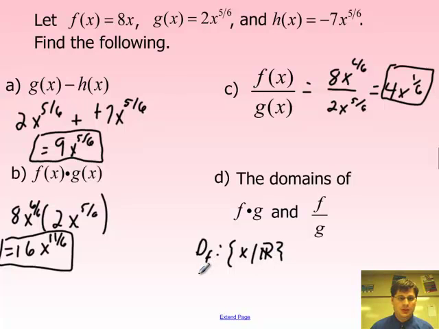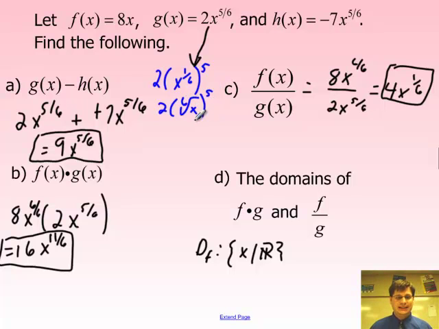But g of x is going to be a little bit different. Remember, this can be rewritten as something different. We can rewrite this as 2 and then x to the 1/6 power to the 5th power, or to this, the 6th root of x to the 5th.